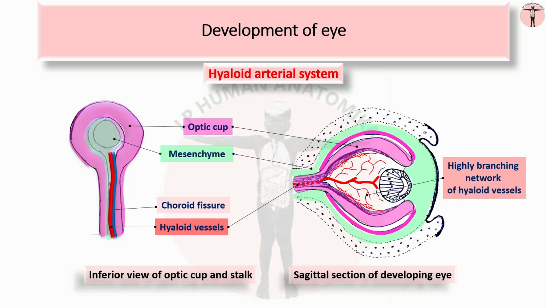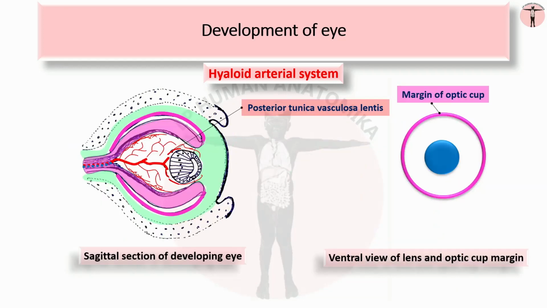Near the posterior surface of the lens, it forms the vascular network covering the surface of the lens called the posterior tunica vasculosa lentis. By the end of the second month, the hyaloid vasculature is fully formed. To understand further arrangement of the blood vessels, let us observe the lens and optic cup from the ventral aspect.